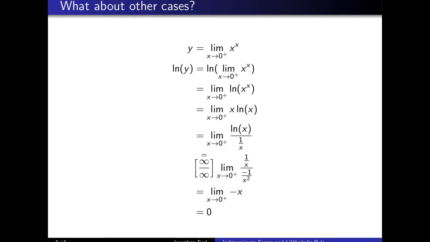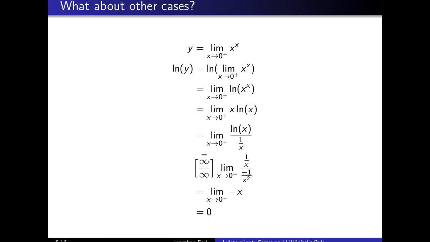And then what we could do is we could just go and rewrite the expression by taking the natural logarithm of both sides. And then what we're going to be able to do is take advantage of the continuity of the natural logarithm by going and switching the order of taking the natural logarithm with evaluating the limit.